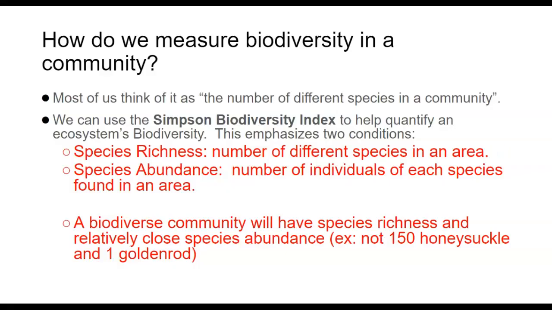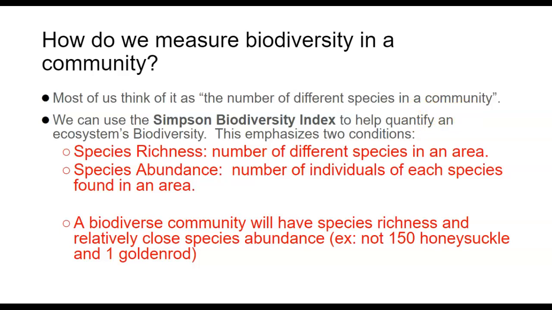And one of the ways we do this is by using this math equation for what's called the Simpson Biodiversity Index. Now, if you were to just search online, you would probably find multiple different ways to calculate biodiversity, but the teachers in Honors Bio think that this is a pretty good one. So we're going to go with this Simpson Biodiversity Index.